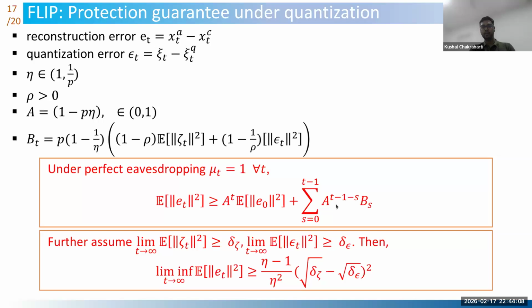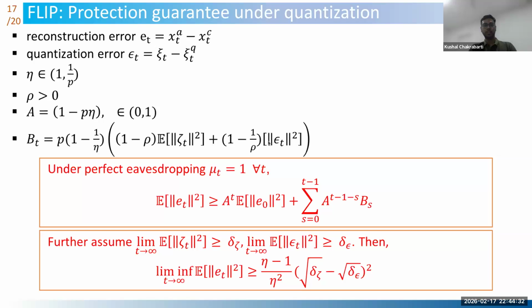The second component is like a convolution between your A and B. So what is B? If you look at B, there are two important quantities here. One is the expected value of the model mismatch, which happens because the clients are not being selected at every time, due to that probability P. The other component is purely coming from the quantization error.